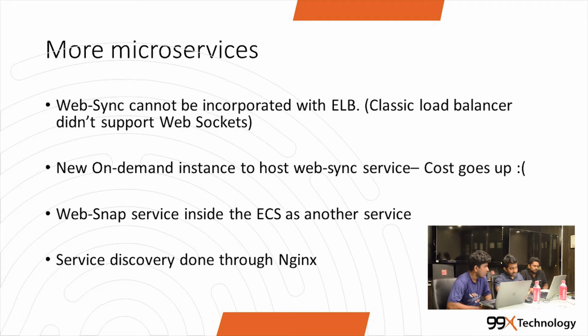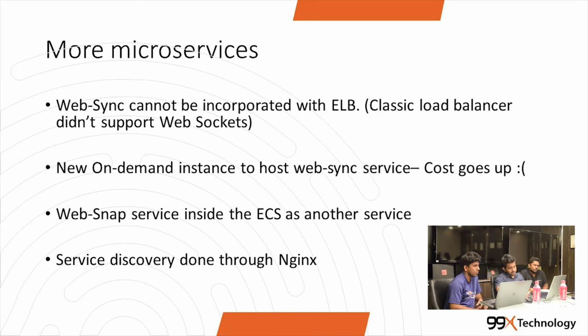Now, things are different when it comes to the WebSnap microservice. This is basically to take a snapshot of a particular website and render it as an image. Of course, this doesn't use WebSockets, so we can easily spin up another container in our EC2 container management system.